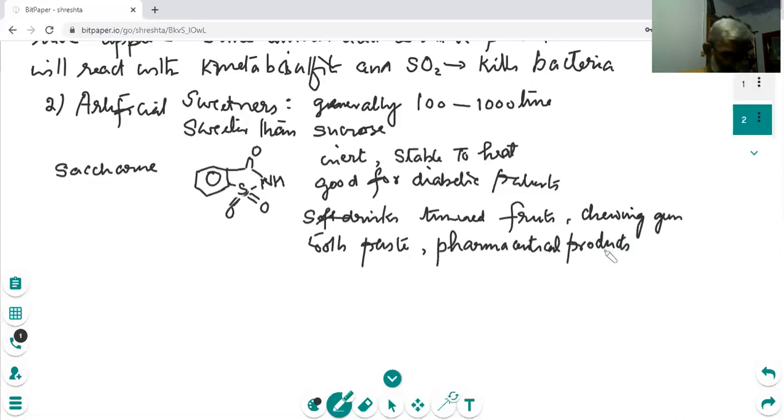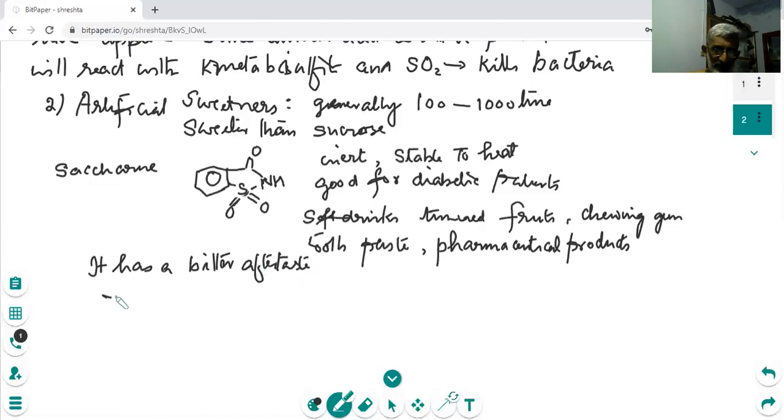Now there is one drawback for saccharin. It has a bitter aftertaste. Initially it is sweet, but towards the end of taking the food, you get a little bit of bitter aftertaste.